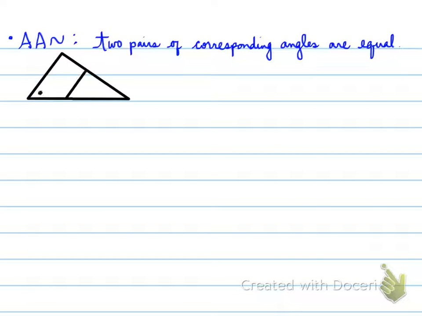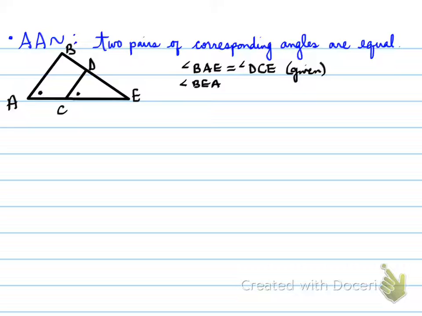So let's look at an example here. Here's our example, and we need to prove that triangle ABE is similar to triangle CDE. All right, let's look at what we can do. How? Well, lucky for us, we have angle BAE is equal to angle DCE. That's given to us. Wonderful. Next, we have angle BEA is equal to angle DEC. Does anyone know why?